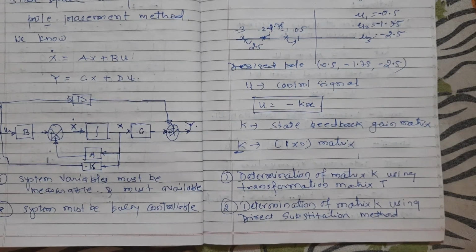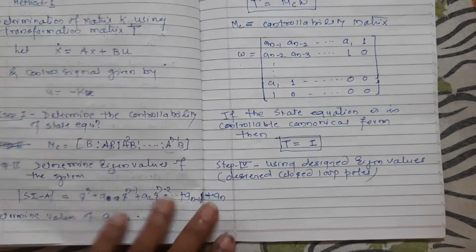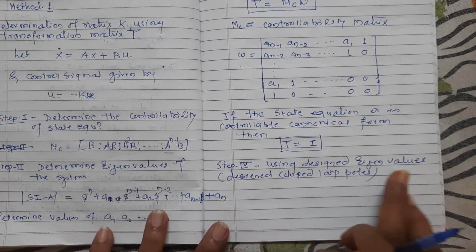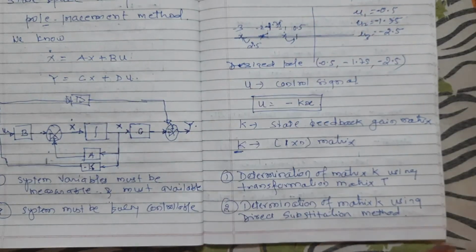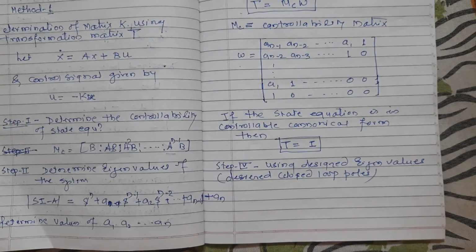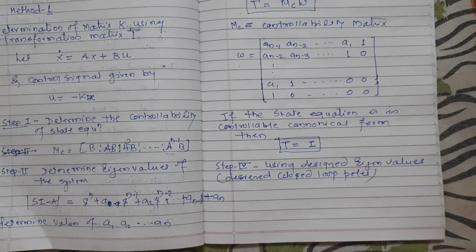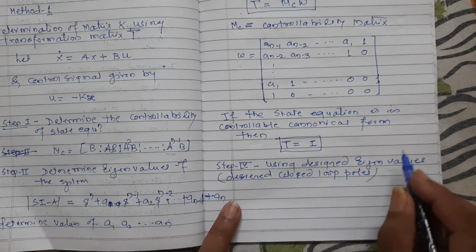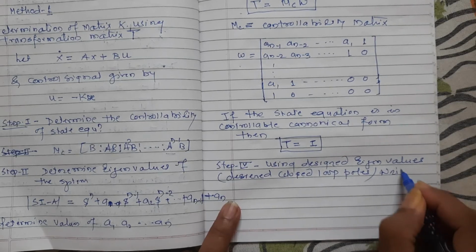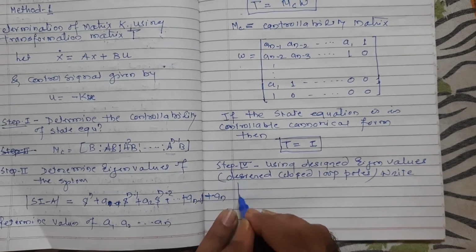So we have to use these values. Using the desired eigenvalues, that means using these values, we have to write the polynomial equation.